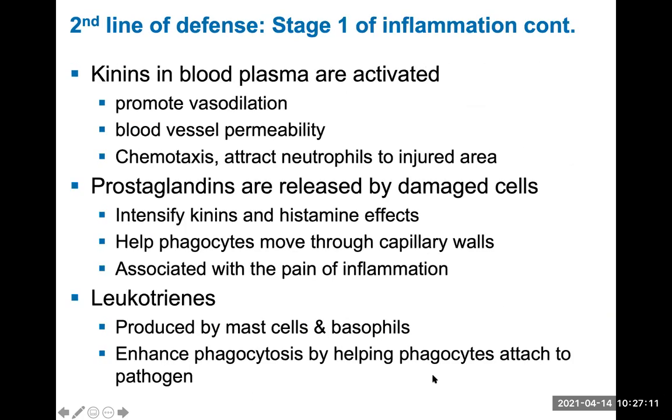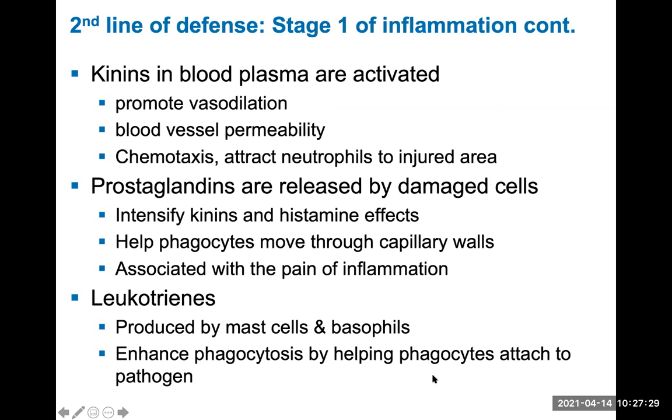Kinins, their job is also to promote vasodilation and permeability, but they also have another function of being very attractive. This will promote chemotaxis to attract neutrophils to the injured area.